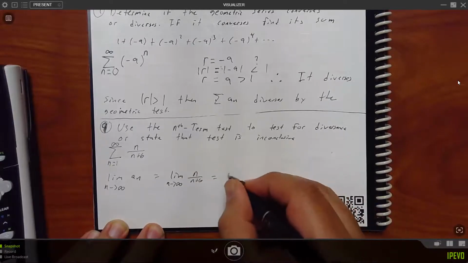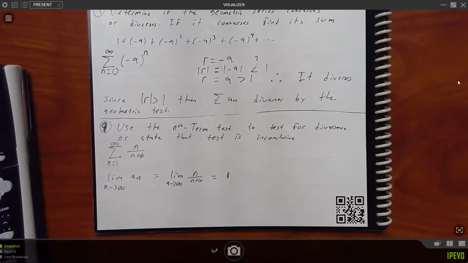So that limit will be 1, right? Since the limit of the sequence is 1, what does that mean for the series? The limit is not 0, so the series does not converge.